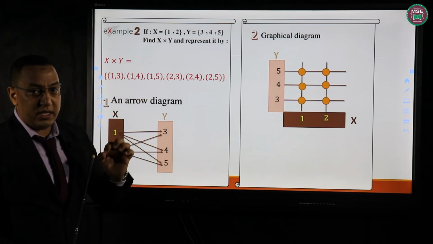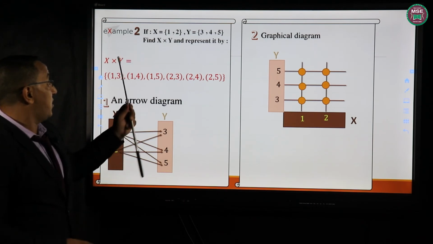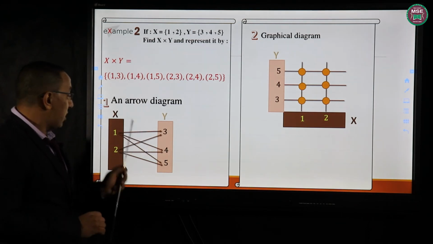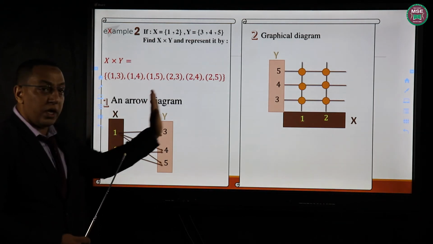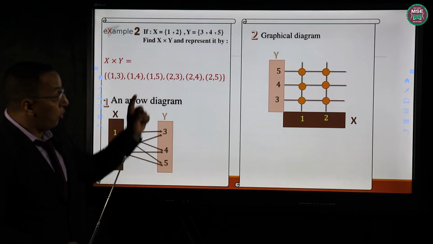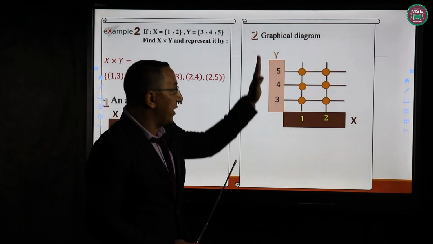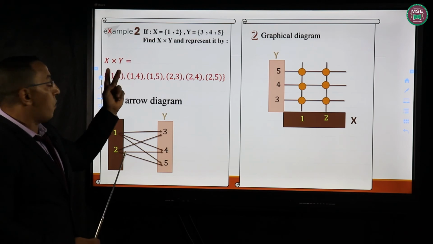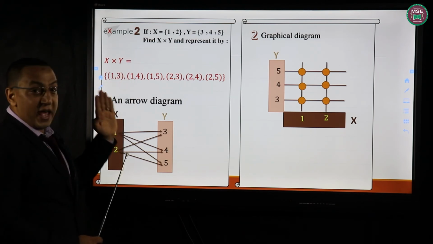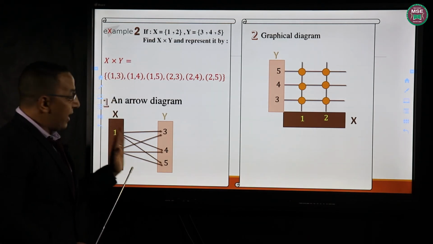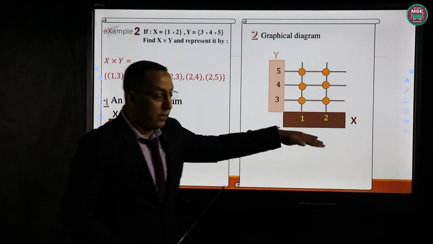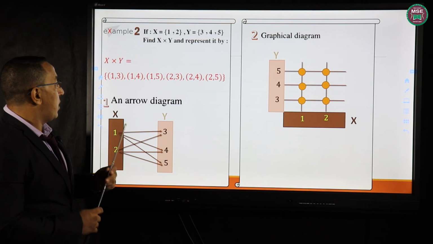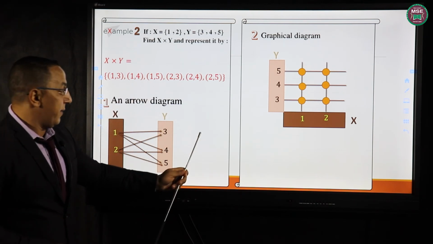Now I have a remark here. If they ask you to represent X product Y, you have to start with X on the left and Y on the right, and also X down and Y up. But if they switch the position, Y product X, you have to start with Y on the left, X on the right, and here Y down and X up. You have to read this one carefully.